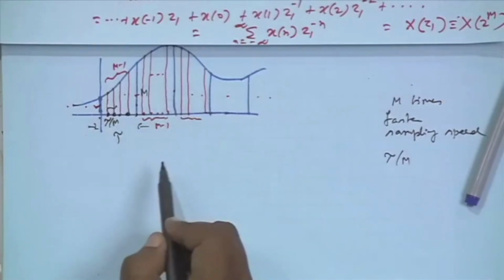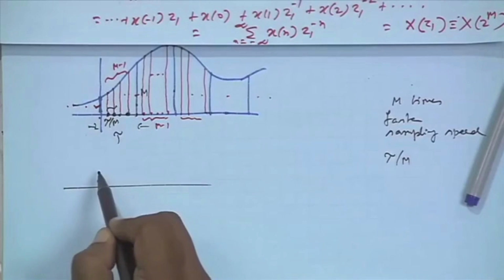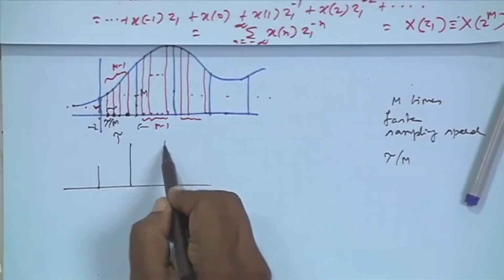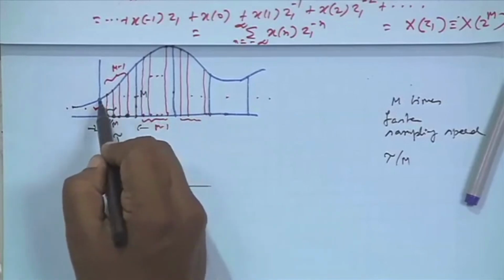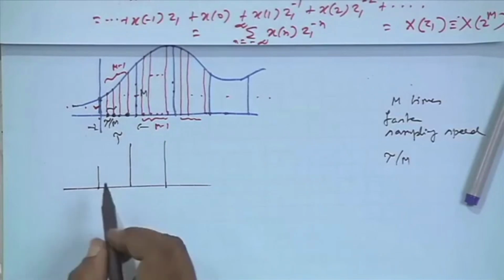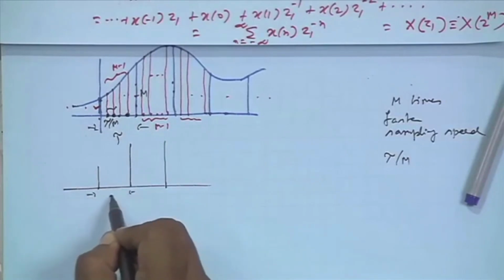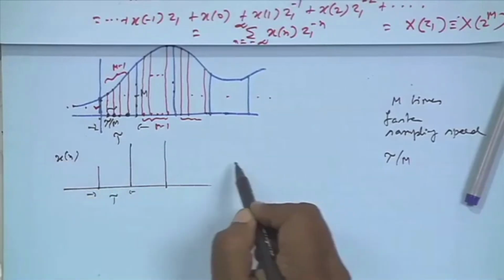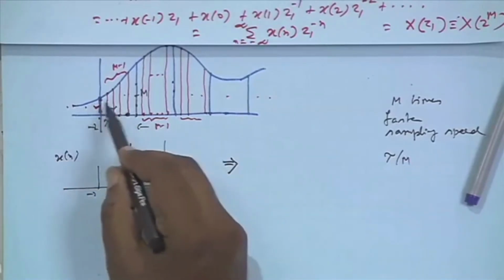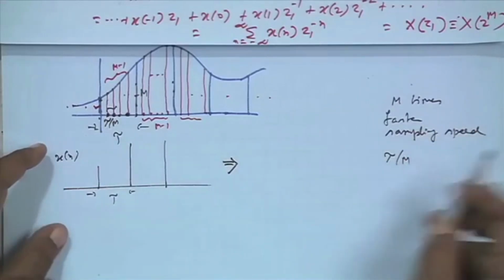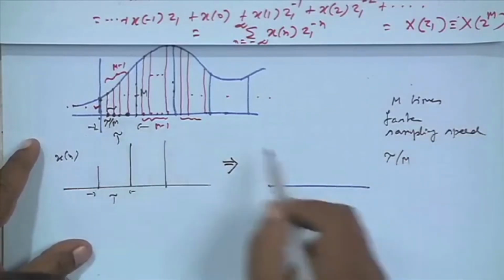My question is, if I am given this lower-rate original sample sequence, these blue colored samples, where the sampling period is tau, which I call x n, can I get back this high speed one?